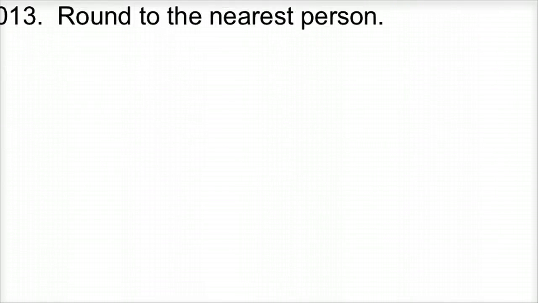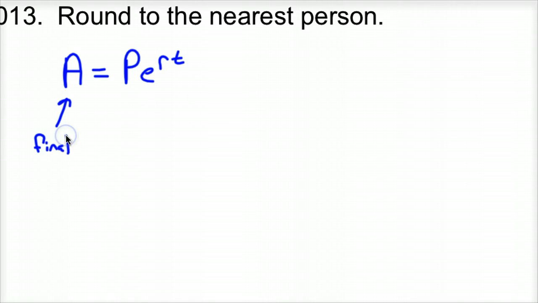So population growth will model with a continuous growth model, which I always use the same set of letters for. I always say A equals PERT, P e to the RT, so e being the Euler number. A represents our final amount, given a certain amount of time.